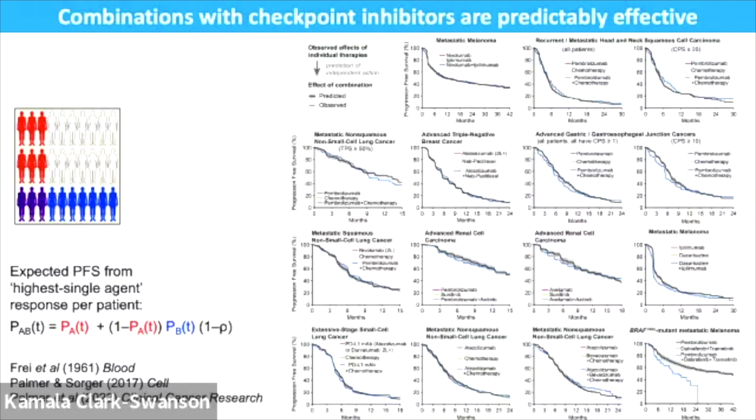After that paper was published, we then applied that, in a follow-up article, looking at a whole lot of clinical trial results that came out afterwards in the setting of immune checkpoint inhibitors combined with other agents. And so on all of those Kaplan-Meier curves there, the black line is the model prediction based on monotherapy. The blue lines are the phase 3 clinical trial results. It's one in the bottom corner that underperformed because it was very poorly tolerated, but all the tolerable combinations were statistically indistinguishable from the model expectation.